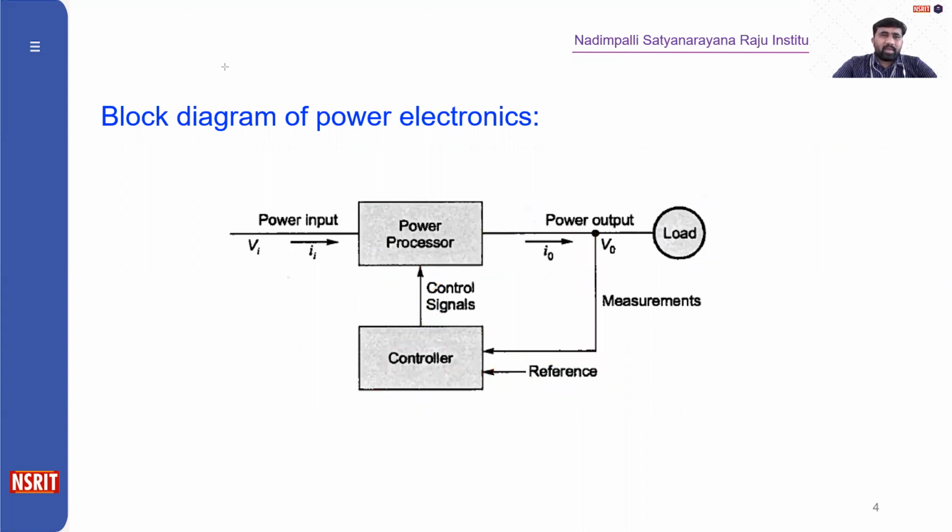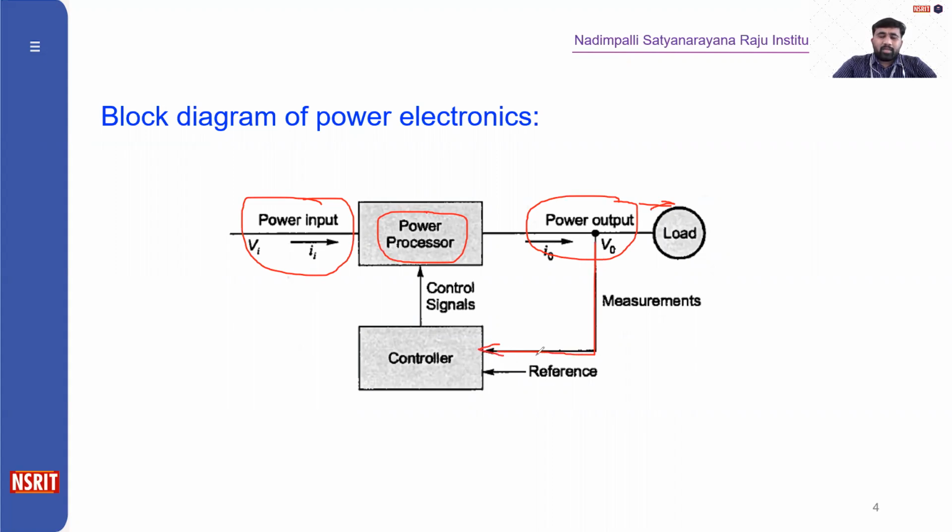So once again, let me repeat this. This power processor or power electronic modulator will convert the input supply into the desired output to be given to the load. This desired output will be fed back to the controller.